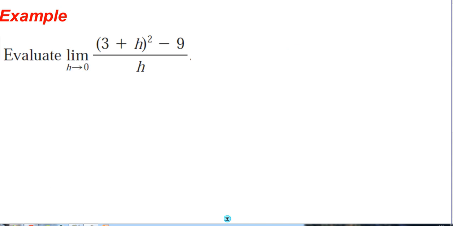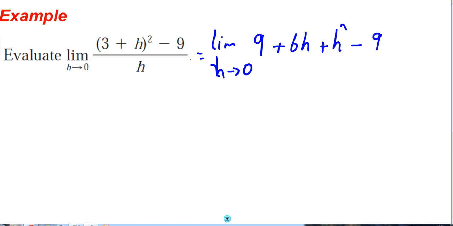Next, what's the limit as h approaches 0 of this function? This will just be the same as we simplify the numerator. We'll have the limit as h approaches 0 of the numerator, which becomes 3 squared, which is 9, plus 6h plus h squared minus 9 divided by h.